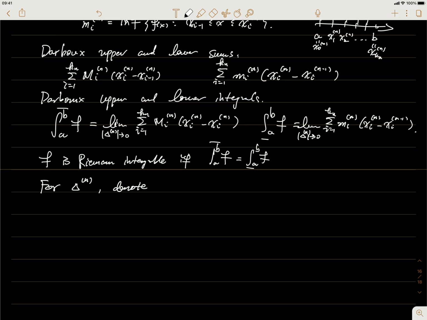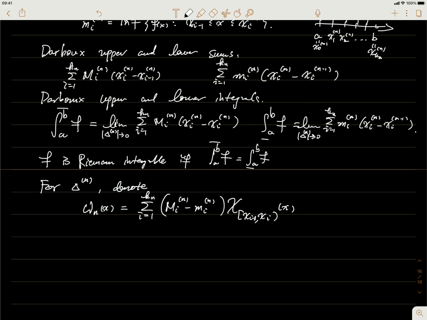Wn(x) to be the sum of the lowercase min times the characteristic function of the interval from x_{i-1} to x_i. Let's define this.